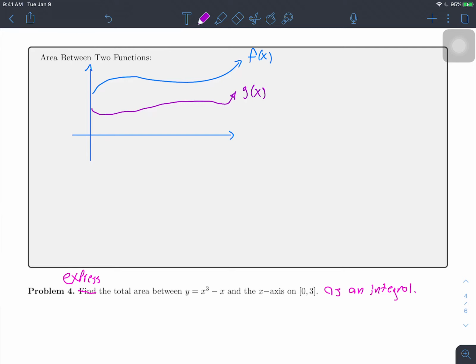And we're interested in knowing what is this area which is trapped between A and B, which is trapped between these two curves.